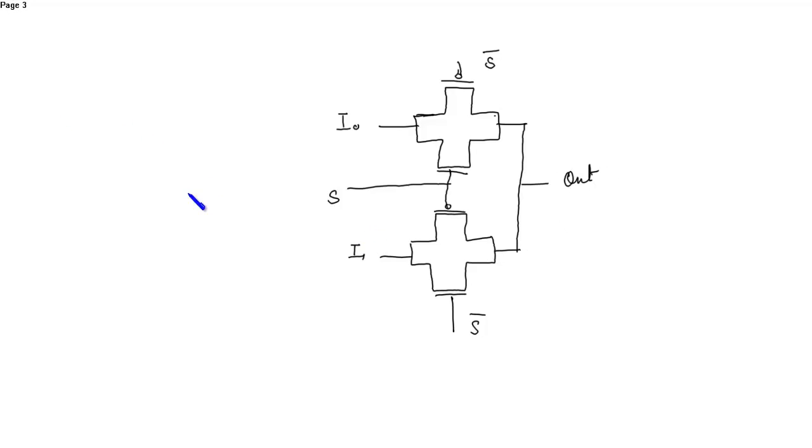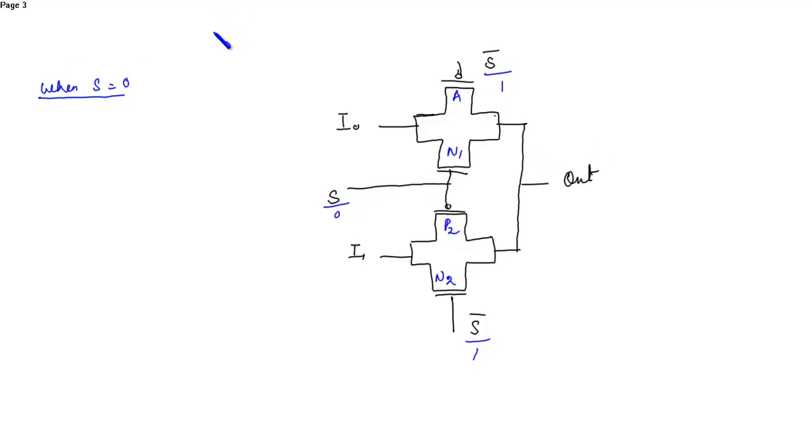Now, when S is equal to 0, then what will happen? Suppose this is P1, N1, this is P2, and this is N2. So when S is equal to 0, then S bar is equal to 1. So at PMOS 1 we have 1, at NMOS 1 we have 0.